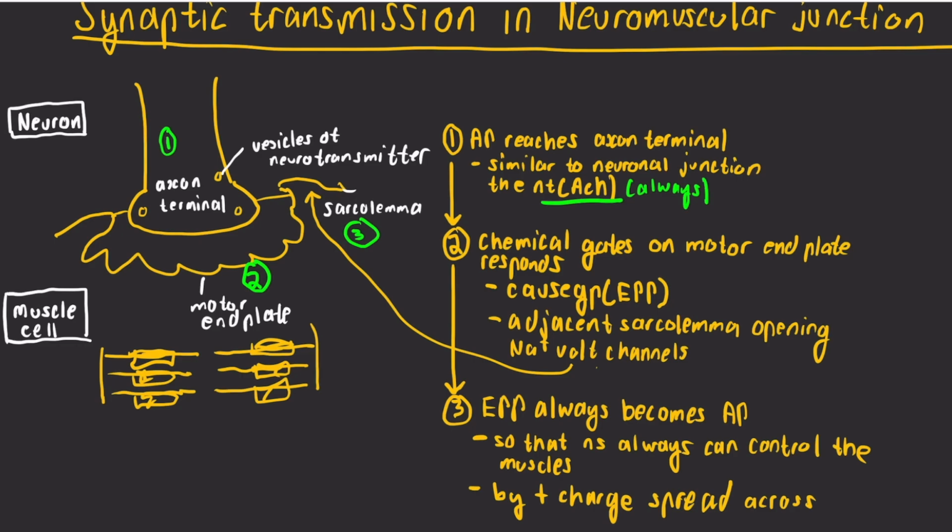So remember, we have our end plate potential over here, and that will always result in an action potential, therefore spreading throughout our muscle. And then we gain control of that muscle, either causing it to be inhibited in movement or causing it to move.